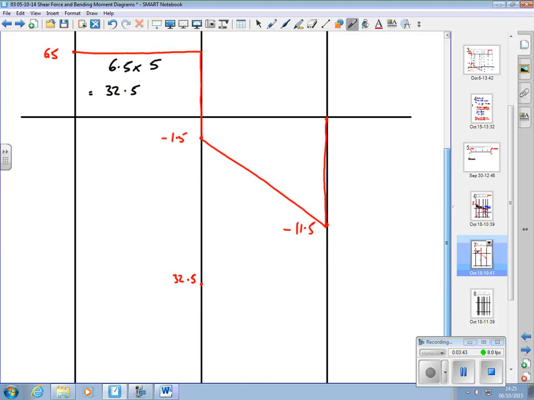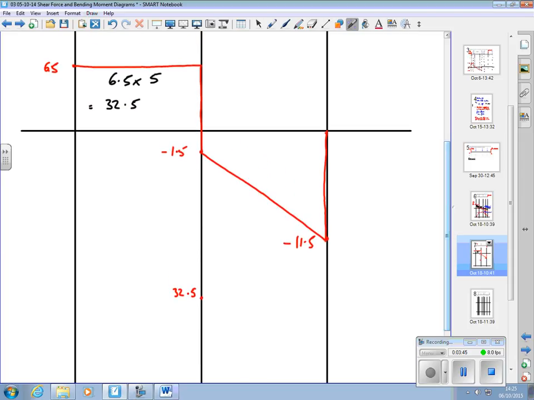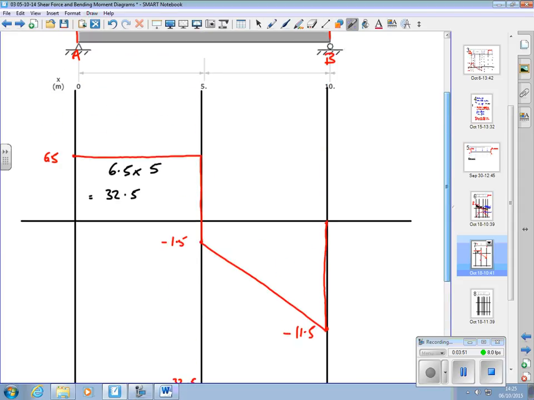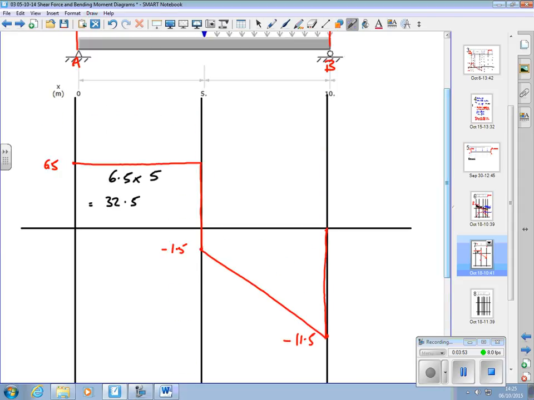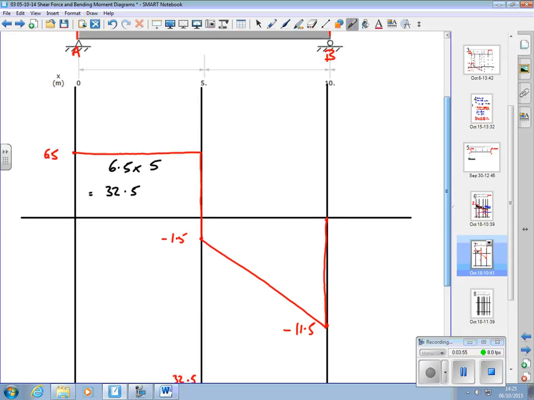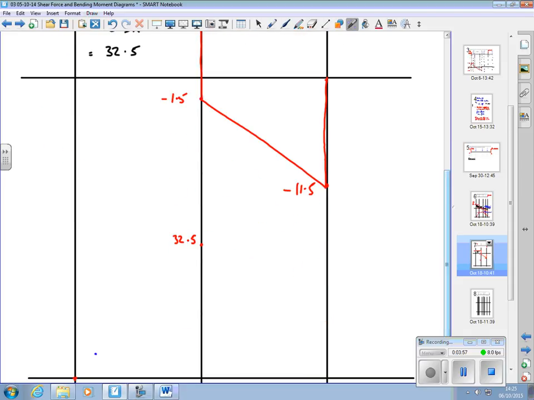What's the gradient of that line? Exactly, 6.5. If I go up at 6.5 for 5 meters, after 1 meter 6.5, after 2 meters 13, after 3 add another 6.5, 19.5, we're going to end up there. In other words, the gradient is constant, so it's a diagonal line with a constant gradient of 6.5.